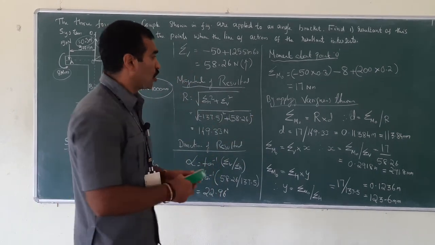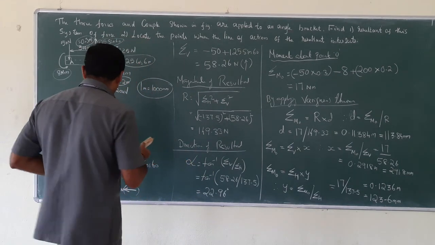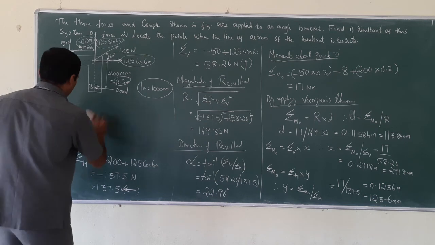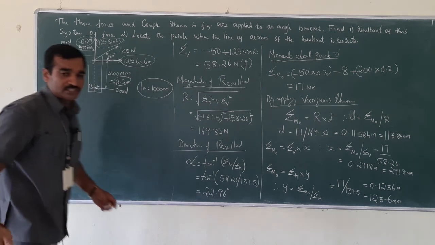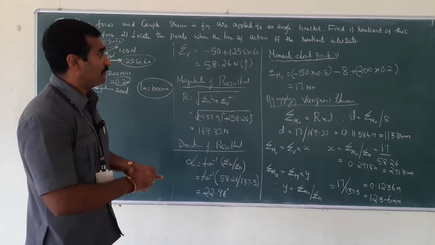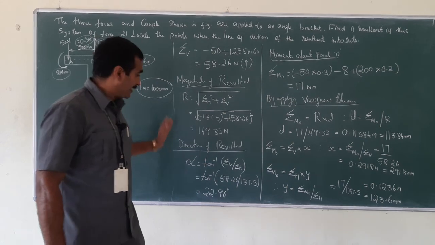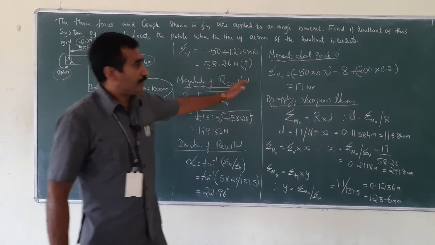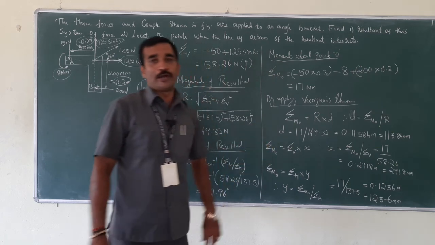Finally, I need to show the graphical diagram of this one. So for the graphical representation, just observe carefully how I am going to capture it. In the result, you will have to write all the values, that is the resultant value, then the direction of the resultant, then the moment value, then the d value and x and y.